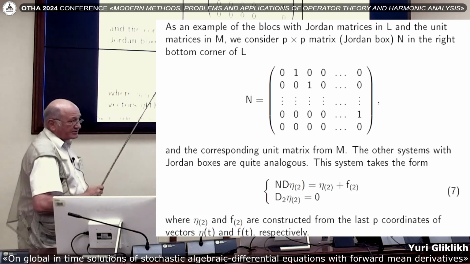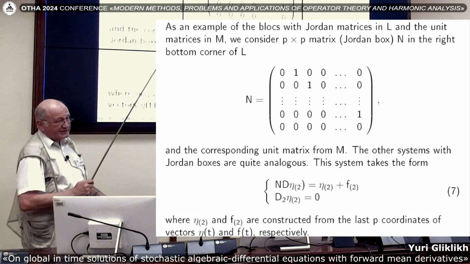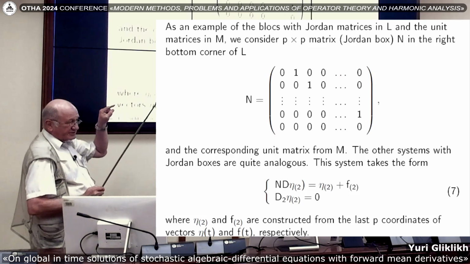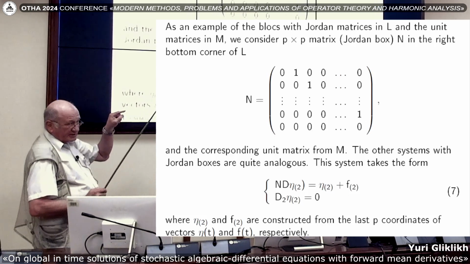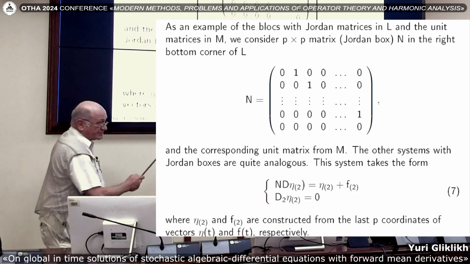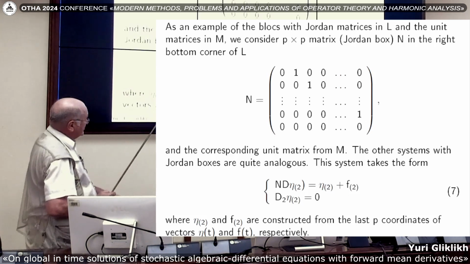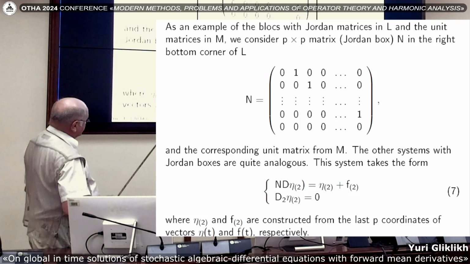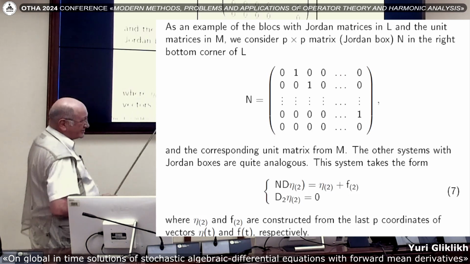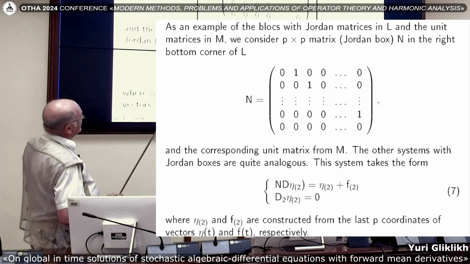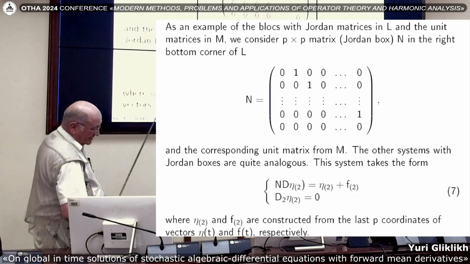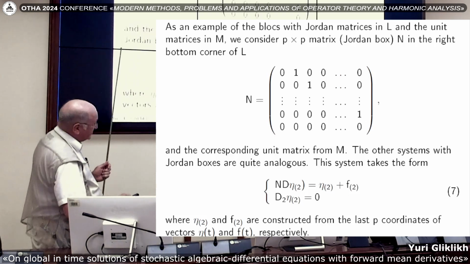You remember in theta, only in the left upper corner is there our xi, and all other elements are 0. That's why here we have 0. These vectors are constructed from the last p coordinates of the corresponding vectors.